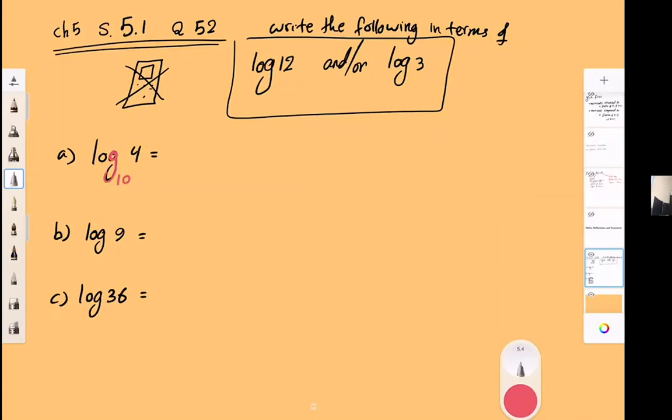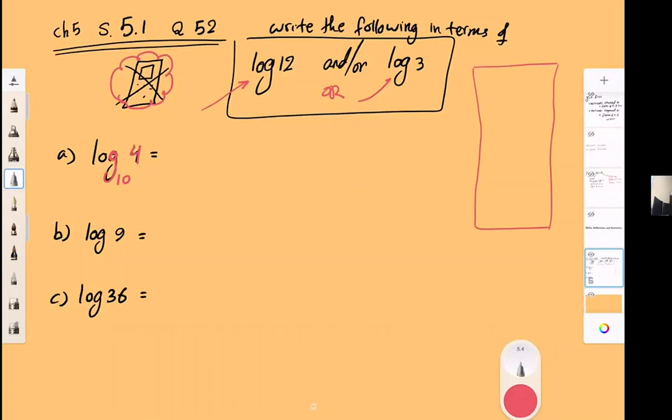But they ask us to write log of 4 in terms of log of 12 or log of 3. And anytime they say no calculator, that means you need to go through your note sheet and get all the formulas and properties for log.